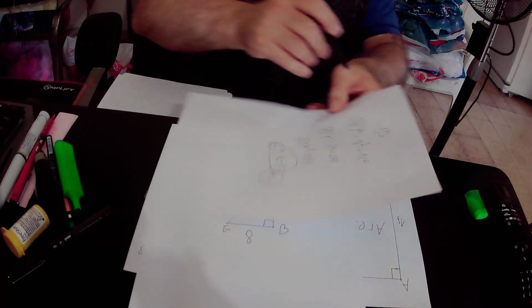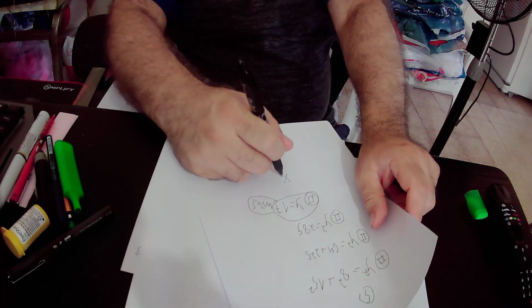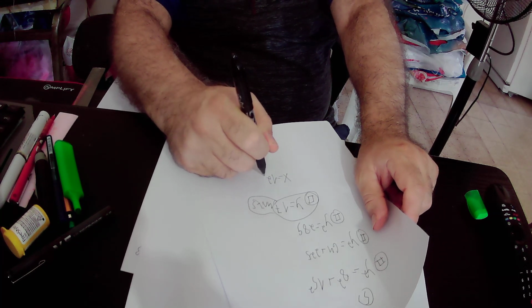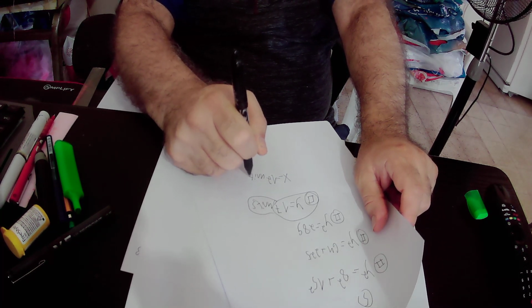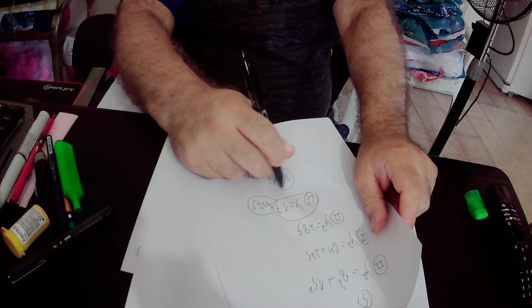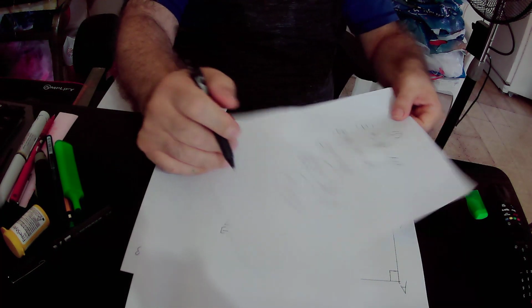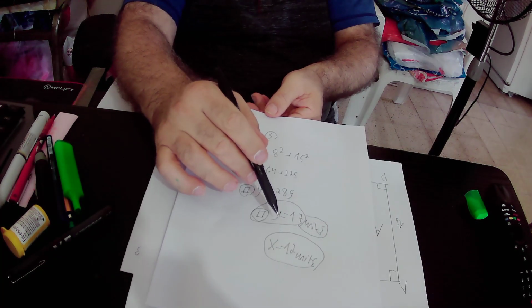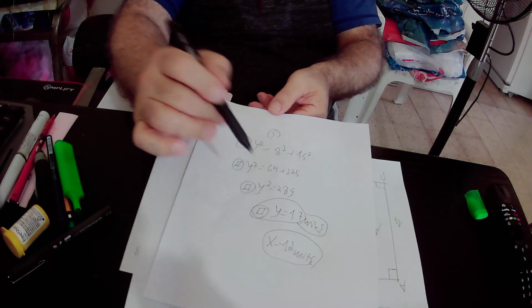So the answer to the question is that the value of x is 12 units and the value of y is 17 units.